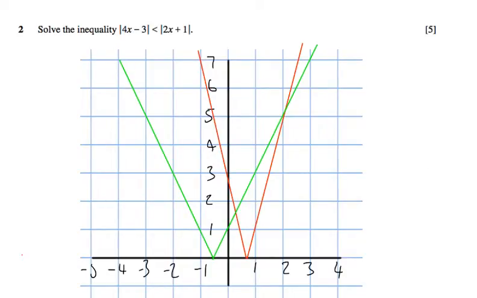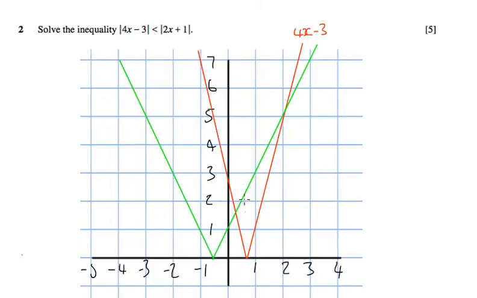So, if we now label these lines, each of the 4 lines, not just as the modulus, but with whether they're positive or negatives of these two things. If we do the red ones first, this line here was 4x take 3.